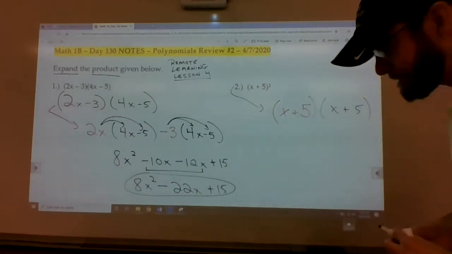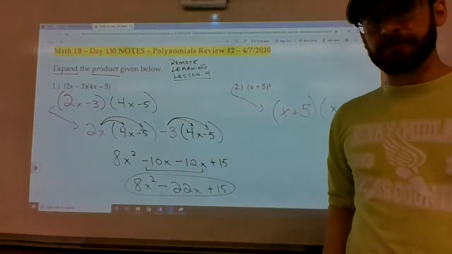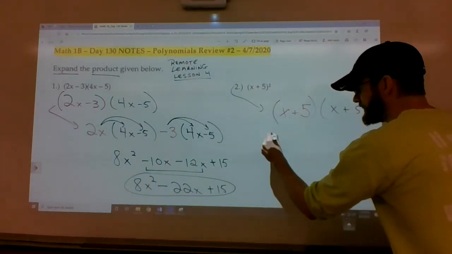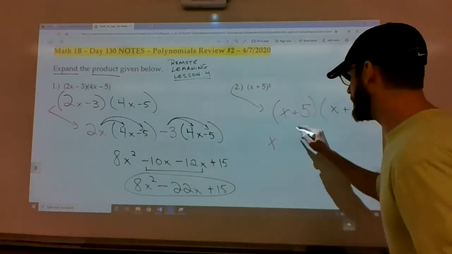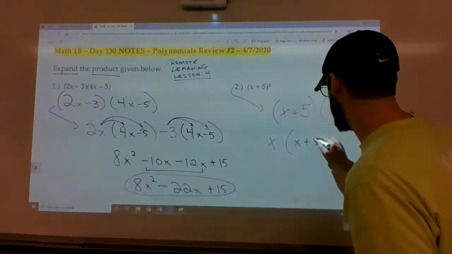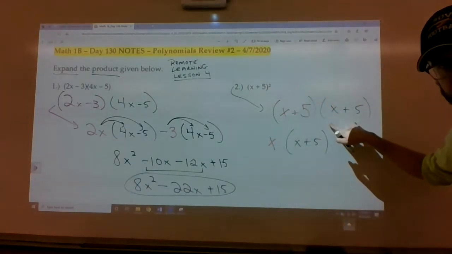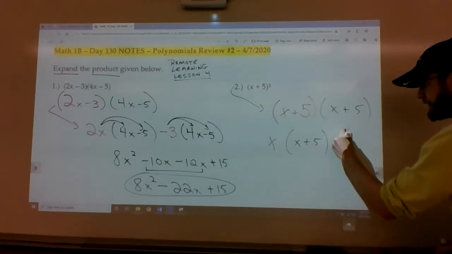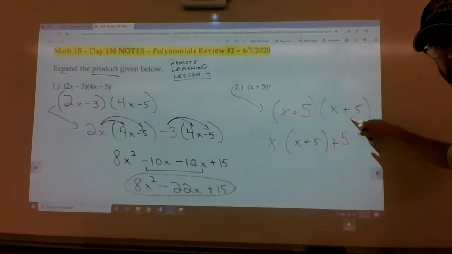So now what we do is we split up the first polynomial. We say it's going to be x times x plus 5, the x plus 5 coming from here. And then we're going to add the 5 from here and multiply that times the x plus 5 here.